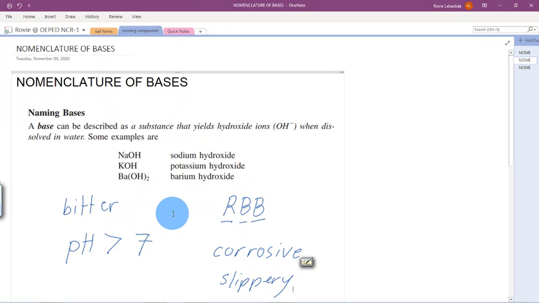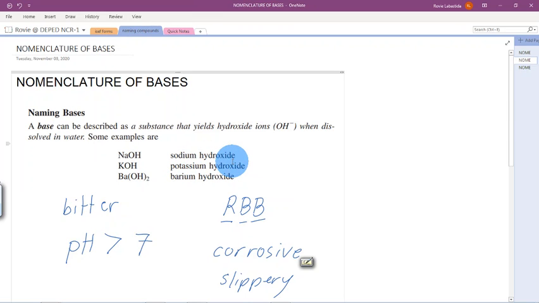Okay, now let us proceed with the nomenclature. The nomenclature for bases actually is a lot easier compared to the nomenclature of acids. Now, let us see some of the examples. We have NaOH, and the name for this base is sodium hydroxide.